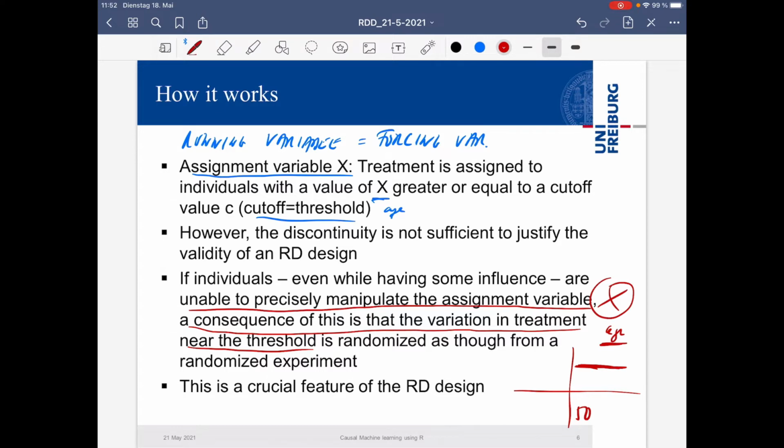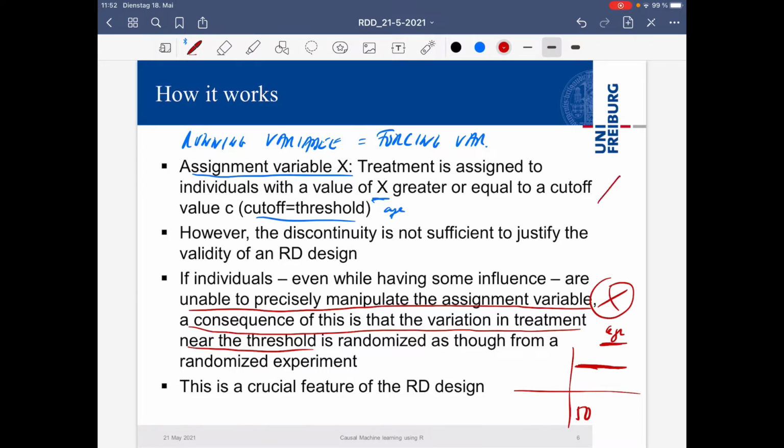However, if you cannot manipulate the assignment variable age, like this is the case in Austria or in Germany, then RDD would be a plausible identification strategy for measuring causal effects. So always two things.